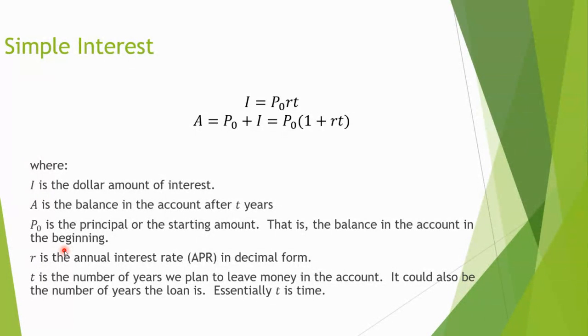Simple interest, the idea is they calculate the interest once, and the interest value never changes. So each year, they're either adding on or you're paying the same amount of interest. And it really follows this formula. I is how much interest there is. P sub 0, that's the principal, the starting amount. R is the APR, the annual interest rate.